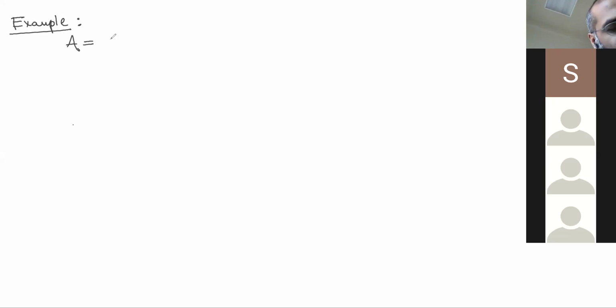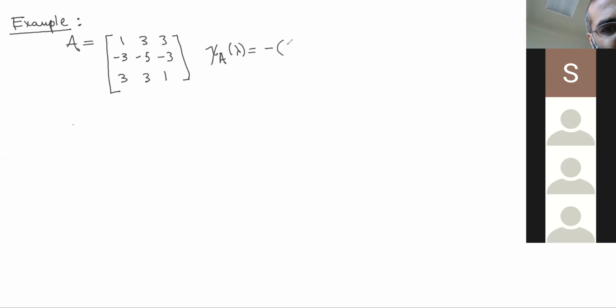Yeah, so the matrix was this, right? 1, 3, 3, minus 3, minus 5, minus 3, 3, 3, 1. It had a characteristic polynomial, I believe, minus lambda minus 1, lambda plus 2 squared. So in particular, the eigenvalues were 1 and minus 2.